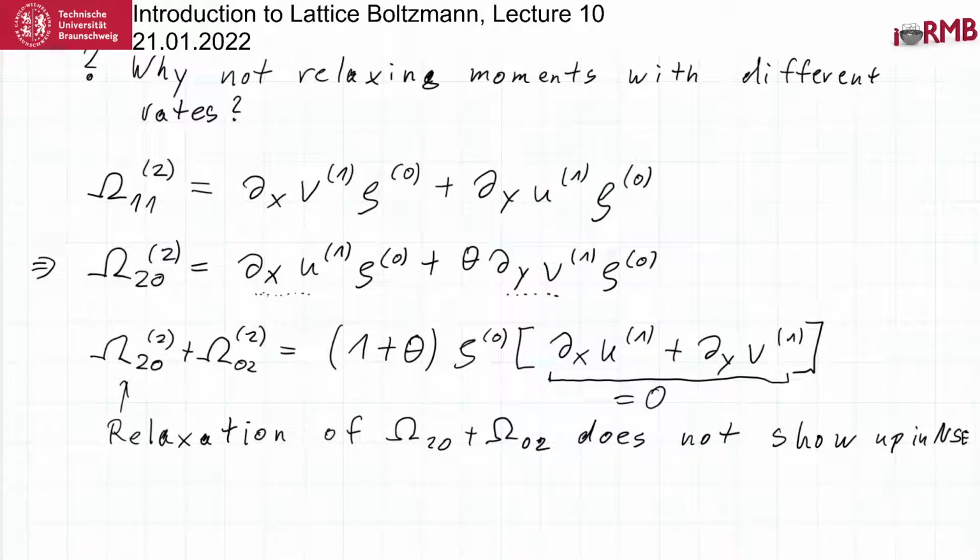So we just identified that for the moments m20 plus m02, their relaxation rate is not important for the Navier-Stokes equation.